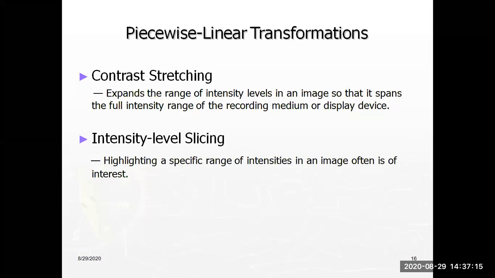That means in contrast stretching, if you want to spread the values, or span out the full intensity range, we use contrast stretching. But in the case of intensity slicing, we are highlighting a specific range of intensities, not the overall image. We highlight only a specific range of intensities in an image, often of interest.